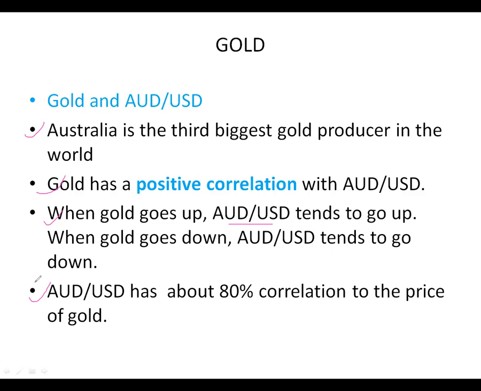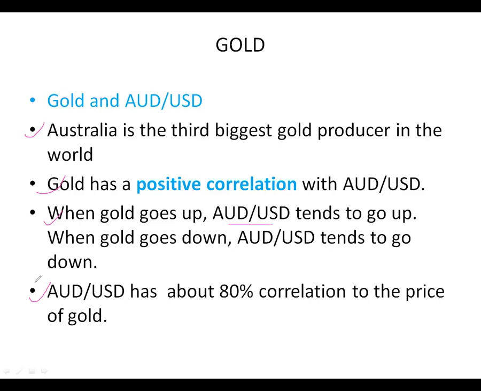Since gold is a commodity that comes from Australia and gives revenue to the country, it makes the country's currency become strong whenever people are making more purchases. When people are buying gold, it means the country is gaining more revenue. And in that case, the currency is becoming strong.